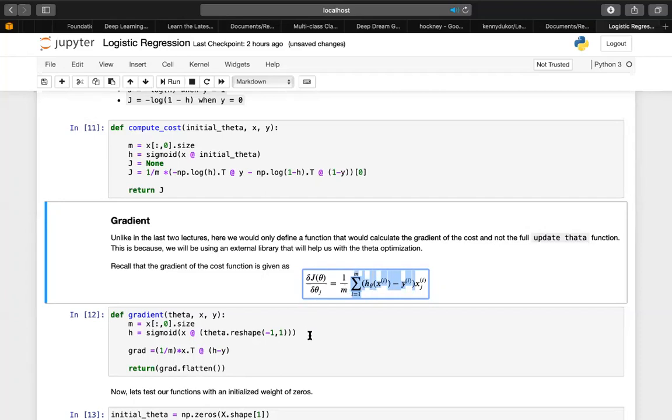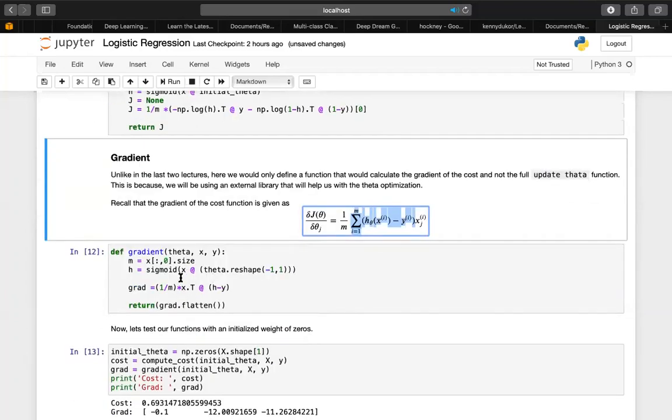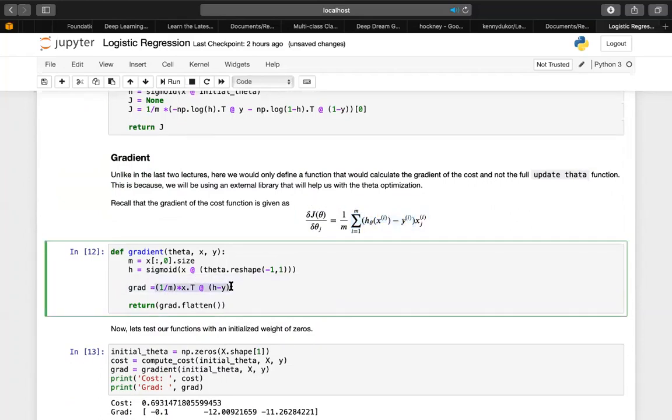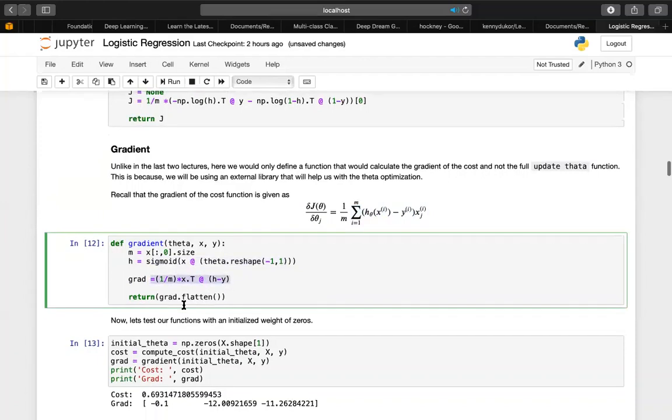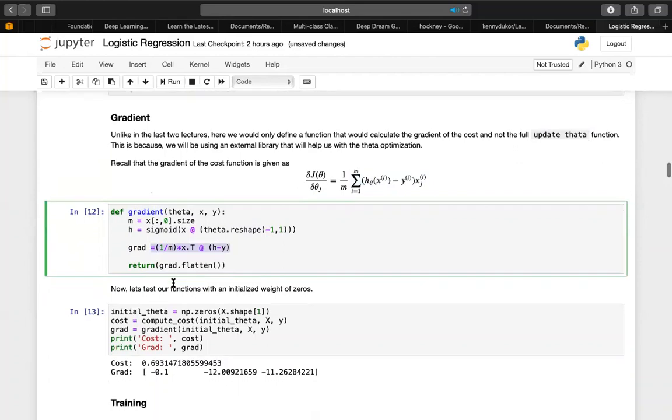And we define it here also, right? So the same thing, we pass in our theta, x, and y. We find our h using sigmoid, and then this is our gradient, right? And then we flatten it out.